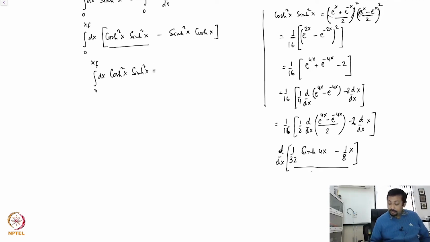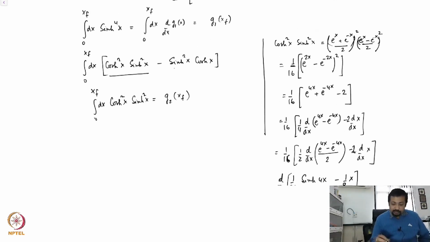Let's call this function g2 of x. Then I'm going to have simply g2 of xf. This is easy. 0 to xf dx sine square x cos x.